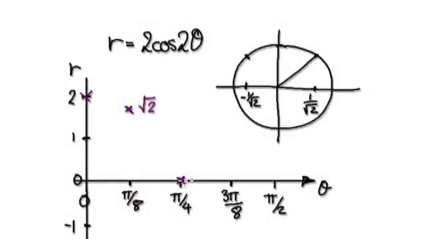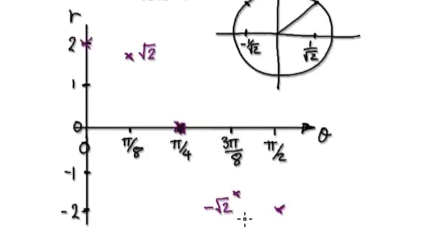When it's pi over 4, the radius will be 0. When it's 3 pi over 8, the radius will be negative root 2, and so on. When it's pi over 2, the radius will be negative 2. So keeping track of our radius, it will look something like this.